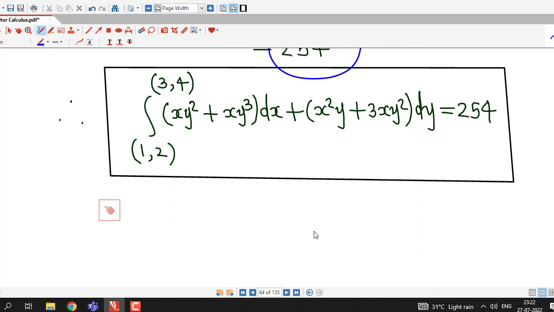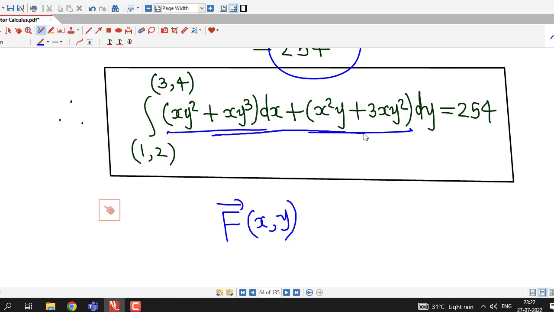So this is another example about the path independence of line integrals. We have discussed this type of question in lecture number 16 also, for a function of 3 variables. Here we have our vector field as a function of 2 variables, and we have first shown that this line integral is independent of path.